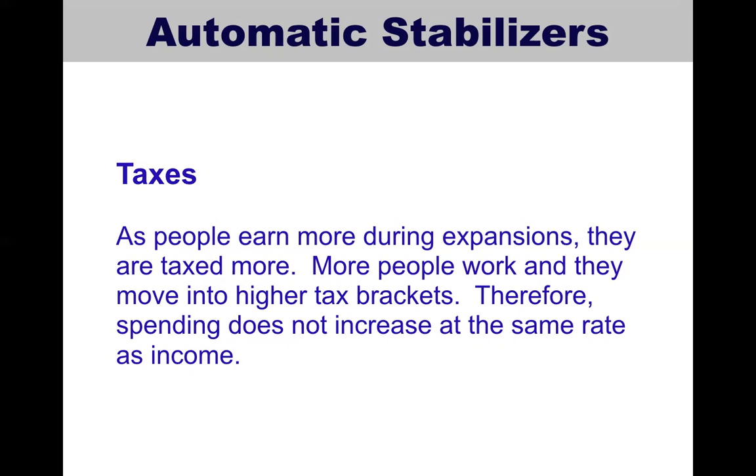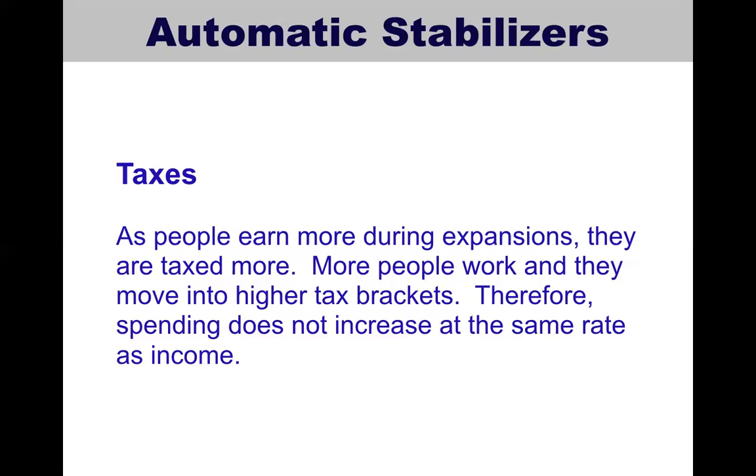And what this does is that it ensures that these people's spending does not multiply too much. That is, if you are earning more money and there is no tax system, then all of that extra money that you're earning will be spent.